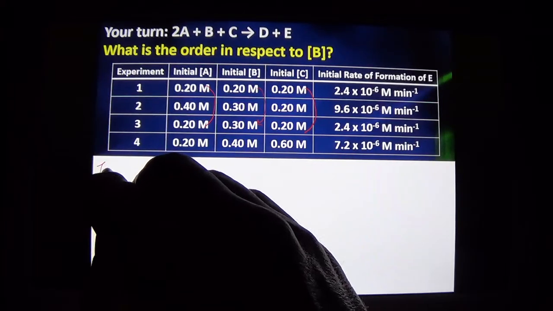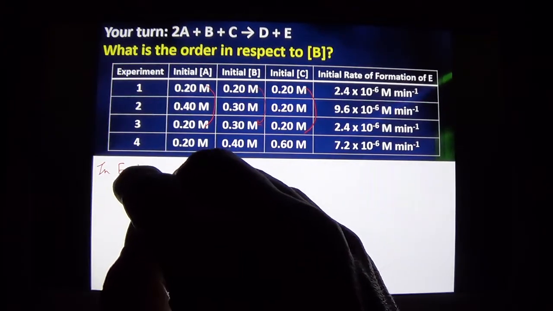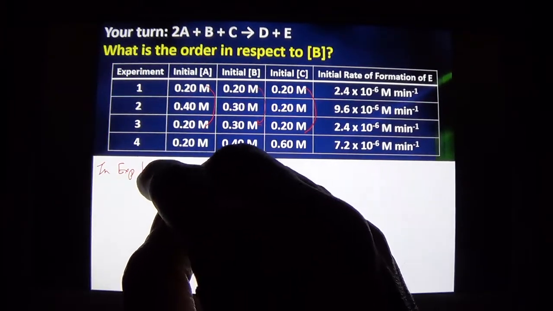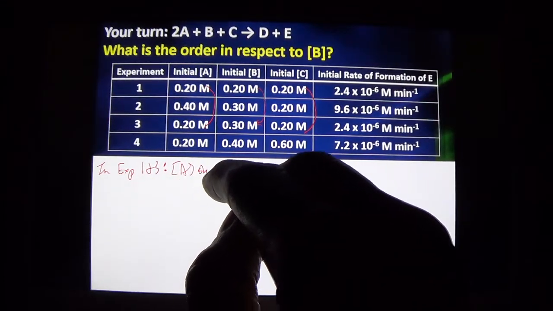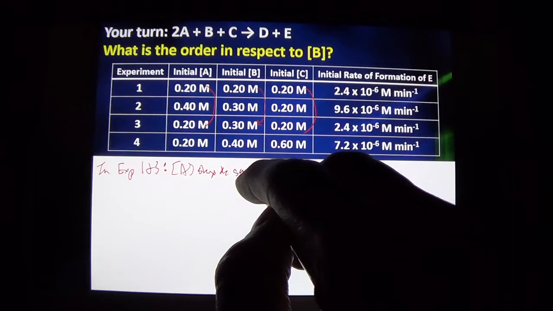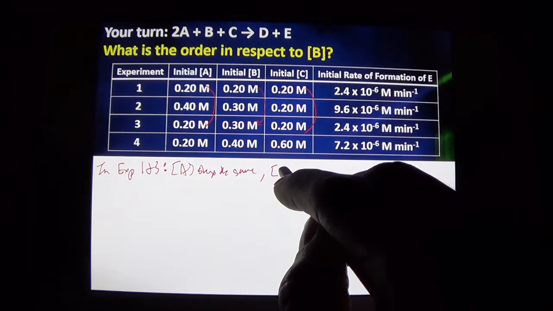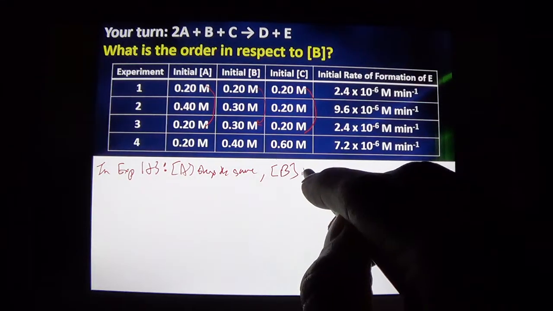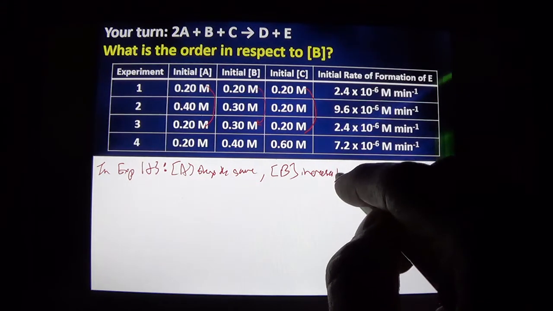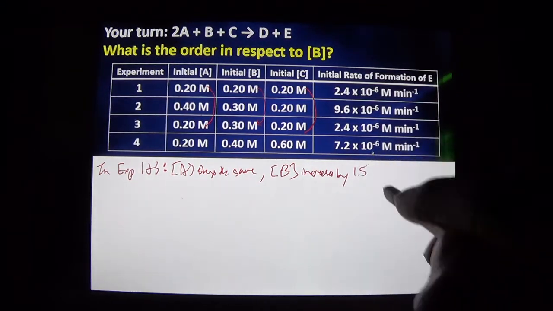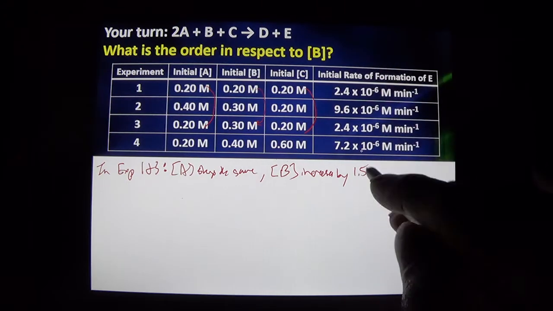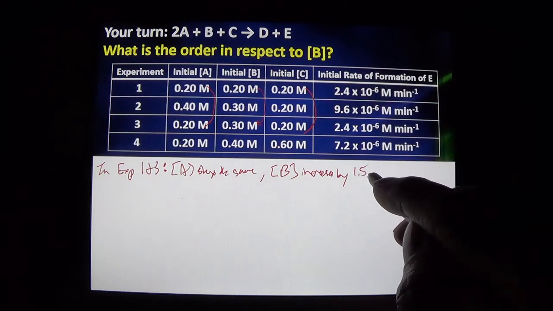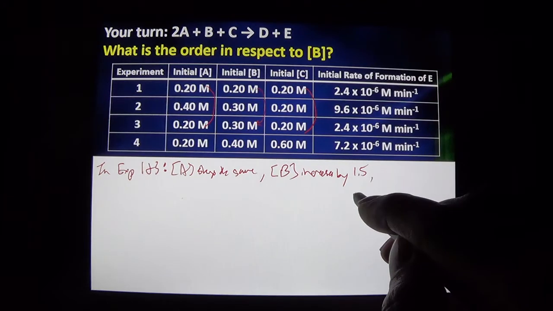So, in experiments 1 and 3, concentration of A stays the same. Concentration of B increases by 1.5. I know that's weird, okay? But don't worry, it's going to work out in the end. We can handle this math.